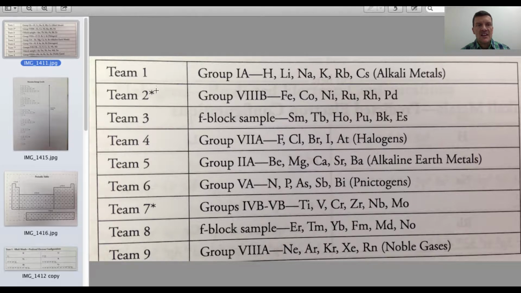So you could assign them different team numbers, and then they would be assigned a particular group on the periodic table. So you have 1A, you've got 8B, the F block sample, 7A, 2A, 5A, etc. And it gives you a sample of the elements that would be in that particular group.